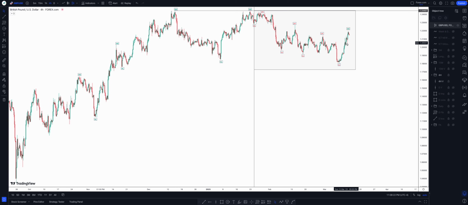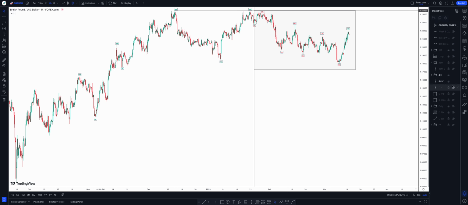We took the trade around somewhere here. So this whole price action came afterwards. And why do we call this a lower low? Also because we went below this low here, higher low, and made a lower low.